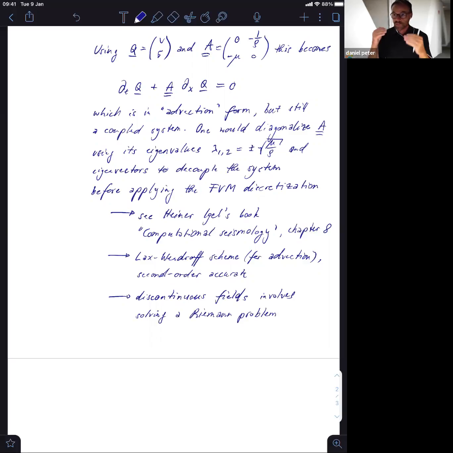The Riemann problem deals with having this jump of the quantity from one cell to another.